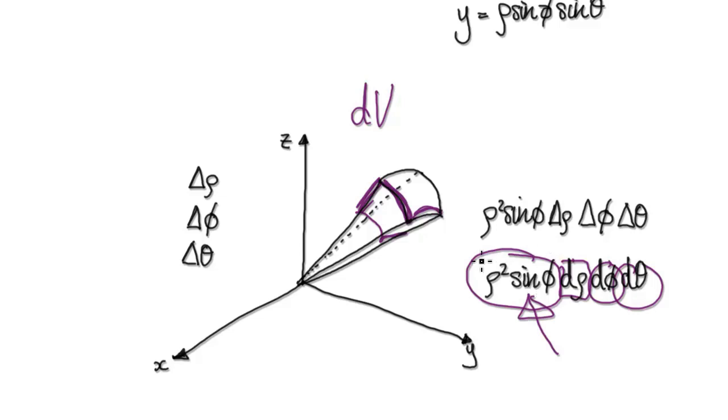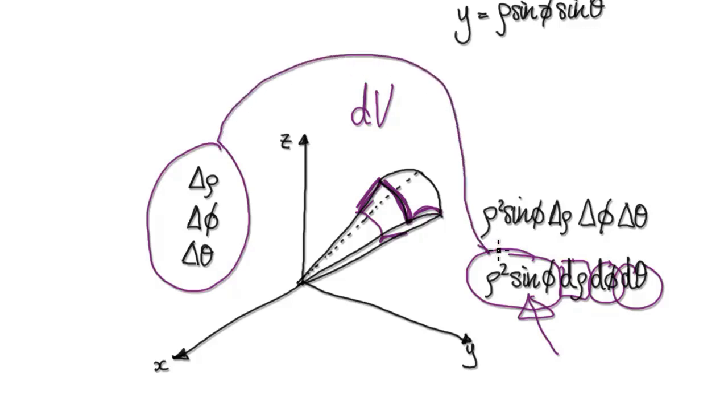For the time being, I just hope that you can accept that there's some sort of weird relationship when it comes to the change in the volume. It's this weird, complicated thing here, and at the moment you don't know why it's weird, but just know that the weirdness exists, because when it comes to spheres it becomes a lot more complicated.